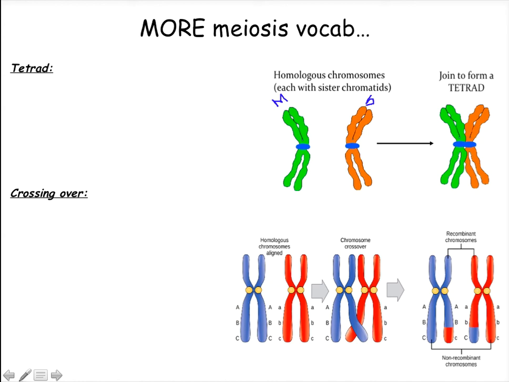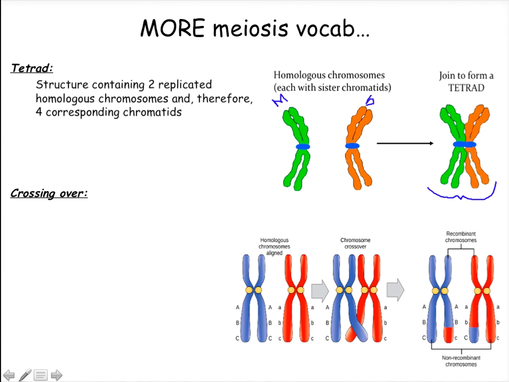And so what will happen in the first prophase of meiosis is that these homologous chromosomes will come together to form a structure like this. This structure here is called a tetrad. It refers to the fact that you've got two replicated homologous chromosomes all stuck together.